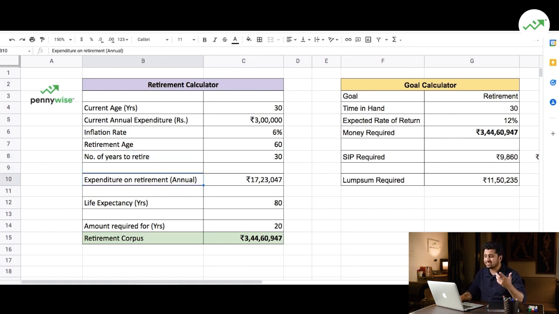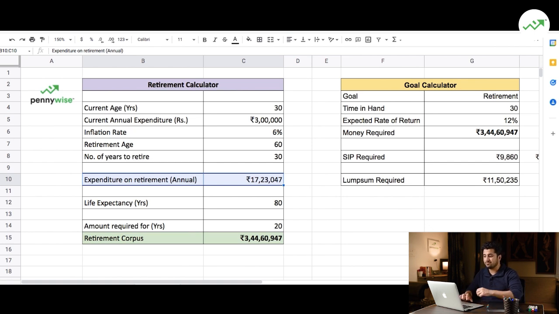So considering 6% inflation, remember module 1 where we were studying about how inflation really works. The value of 3 lakh rupees of today, which means let's say if this laptop is worth 3 lakh rupees, is going to be 17 lakh 23,000 rupees 30 years from now.